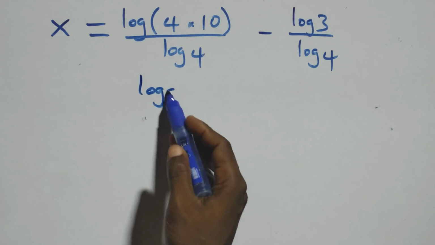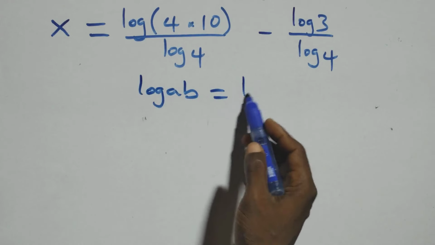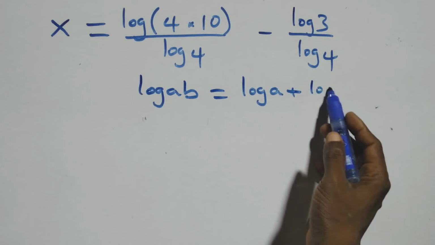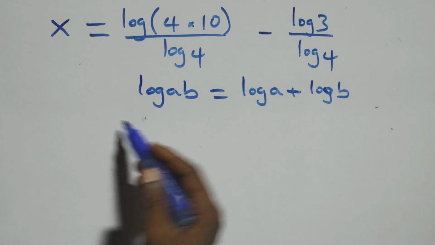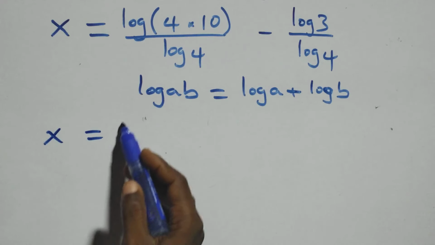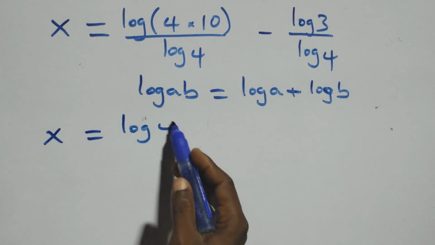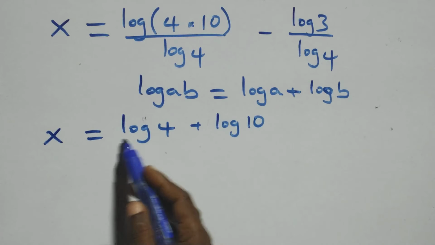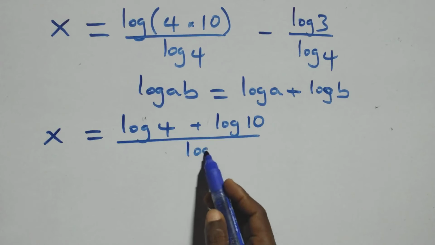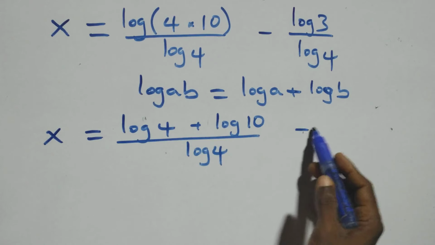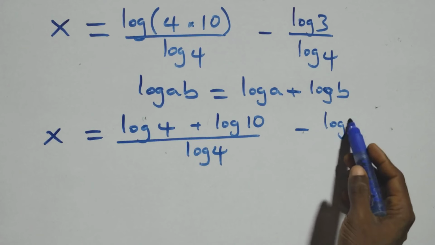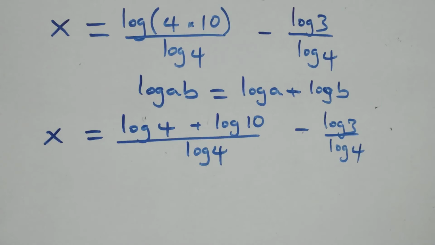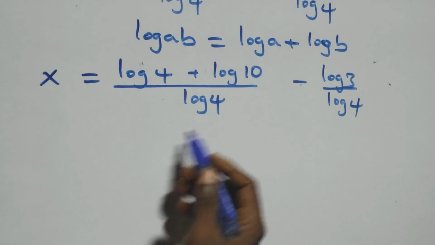When we have log a times b, it's the same thing as log a plus log b. As this here we have x equals log 4 plus log 10 over log 4 minus log 3 over log 4.